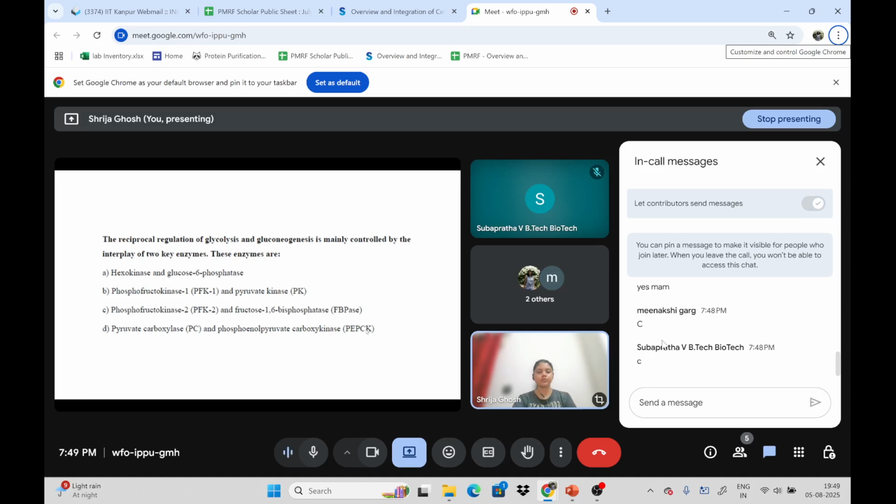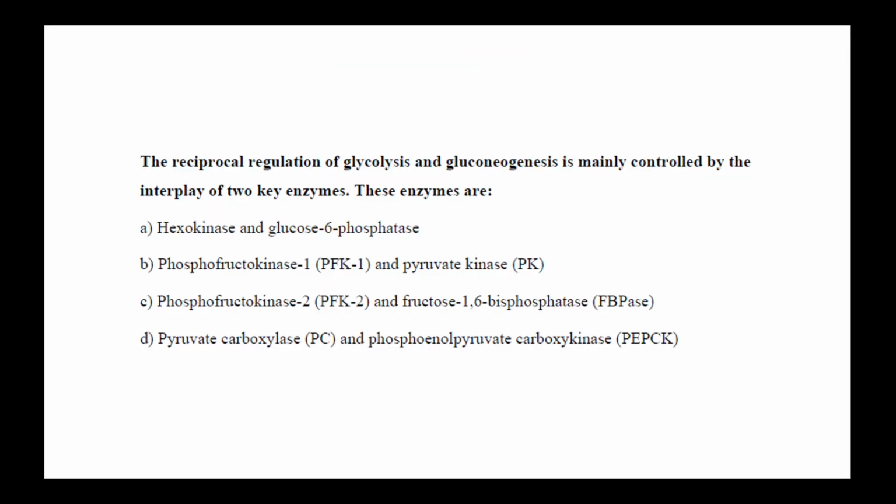So both of you have written option C, phosphofructokinase 2 and fructose 1,6 bisphosphatase. That is the correct answer. Phosphofructokinase 1 is the enzyme that catalyzes the conversion of fructose 6 phosphate to fructose 1,6 bisphosphate.